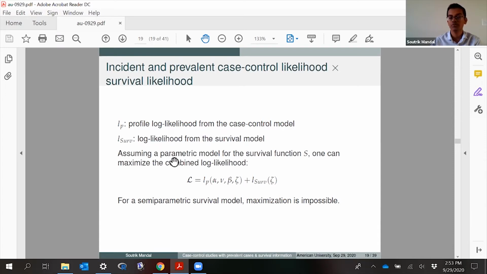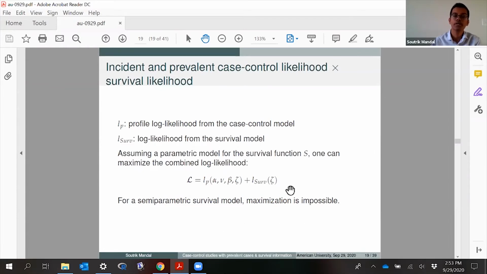One can assume a parametric model for the survival function S and maximize the combined log likelihood to get the estimates. However, for a semi-parametric survival model, this maximization is impossible. And what I mean by impossible is that it is computationally very, very difficult. However, theoretically, it is still identifiable.